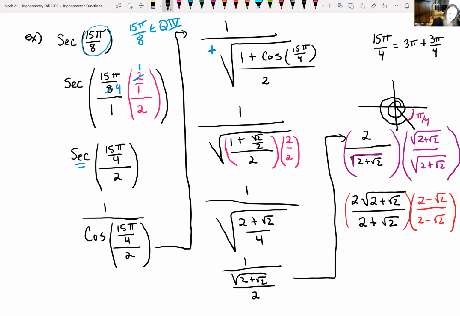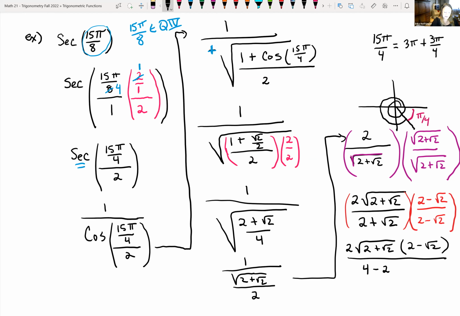So keeping it in factored form, in the numerator, I have 2 square root 2 plus root 2, all times 2 minus root 2, all over, this is a difference of squares in my denominator. So we have 2 times 2, which is 4, minus root 2 times root 2, which is 2.